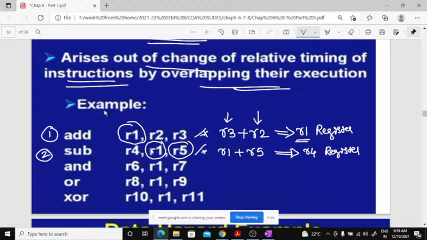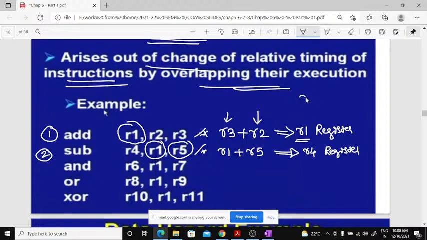R1 is a source here, so the second instruction depends upon the first instruction. Because here, if we get the R1 value, only after the execution of the first instruction will we get the R1 value, and that particular value we use as input to the second instruction.